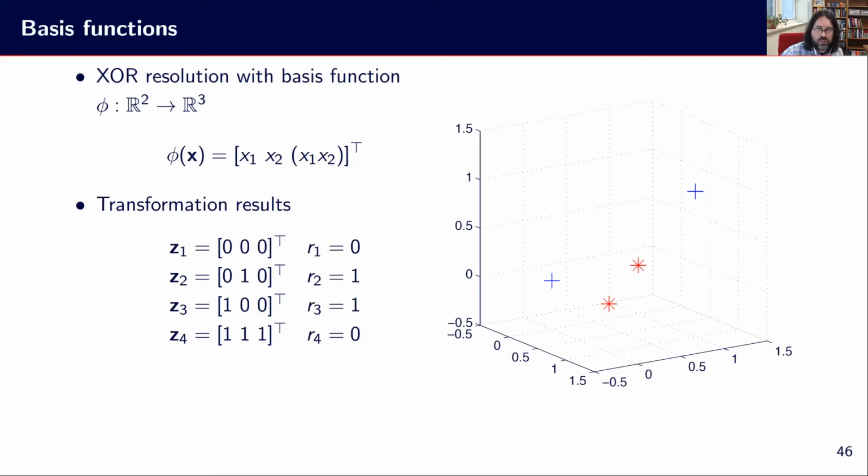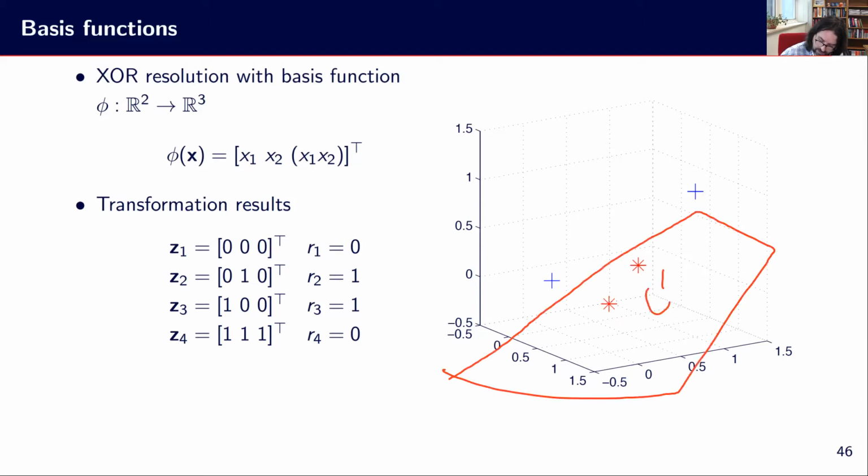We still have the same function, but in 3D now. It's maybe subtle, but if we put a hyperplane saying that below this it is for the red stars, and over this it is for the blue crosses, we are correctly classifying. We can get 0 error with a linear hyperplane in 3D, splitting the space that way.